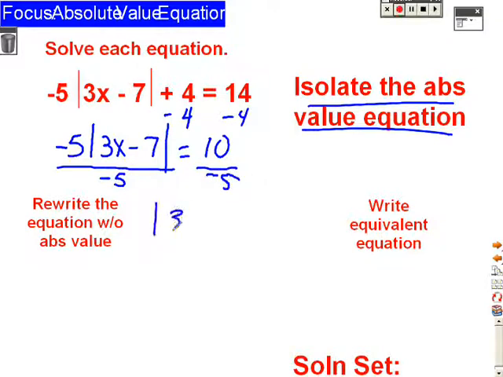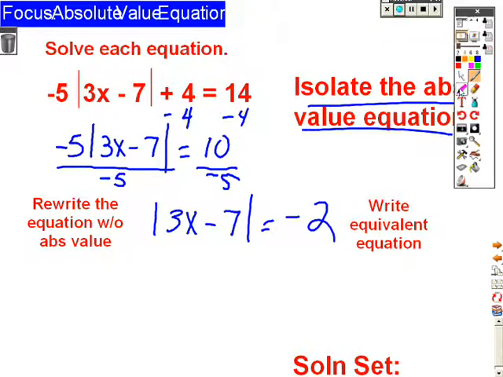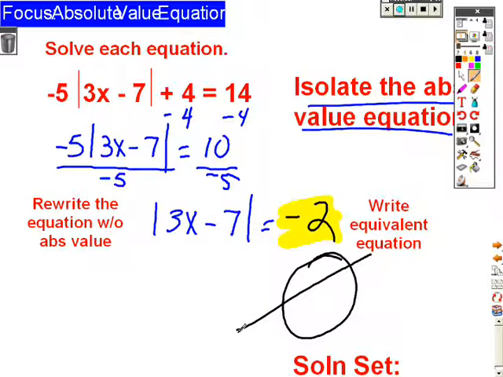I've got the absolute value of 3x minus 7 equals negative 2. It's important to note that k in this case is negative. Because the absolute value cannot be negative, the answer is the empty set.